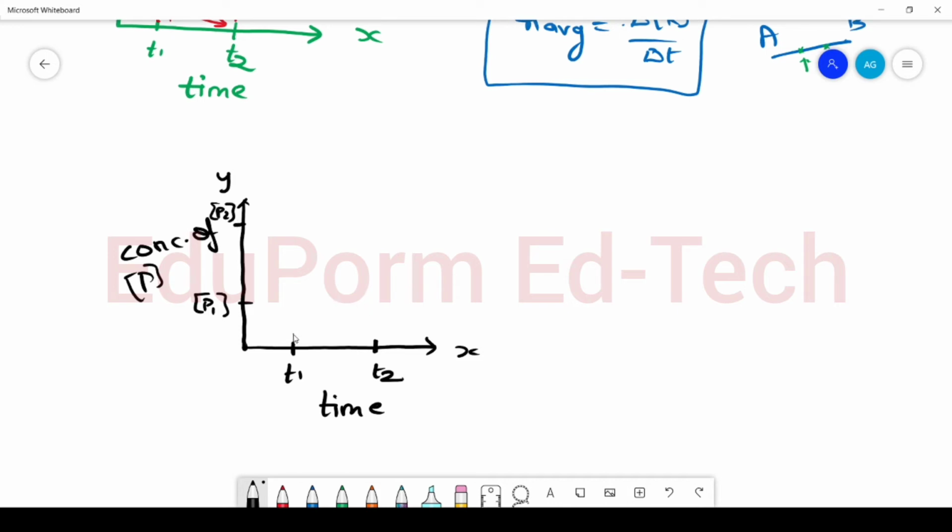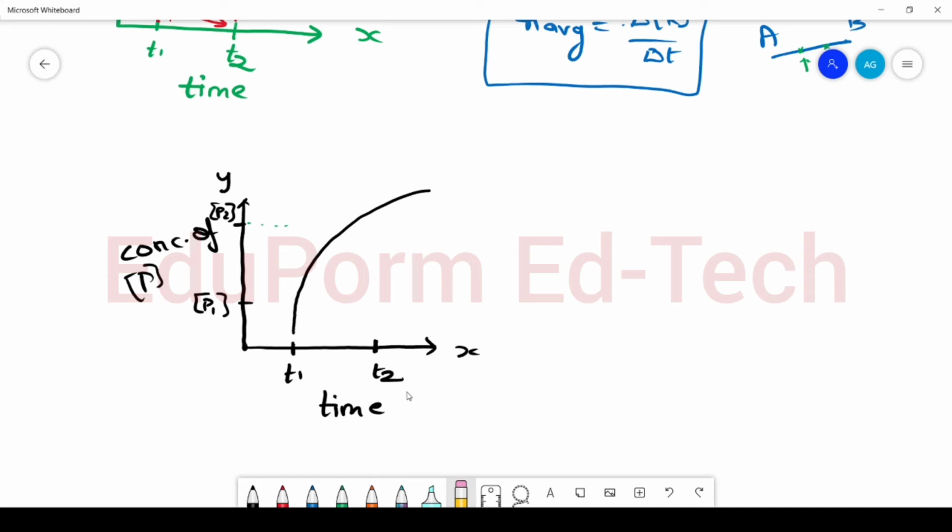So the graph will look like this, as the concentration increases with respect to time.